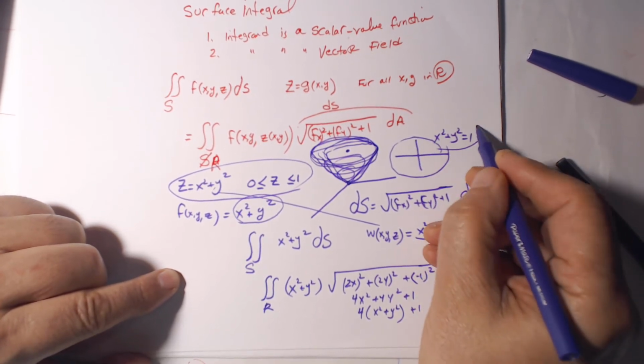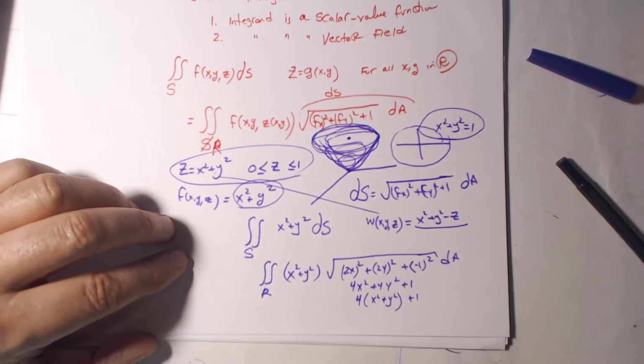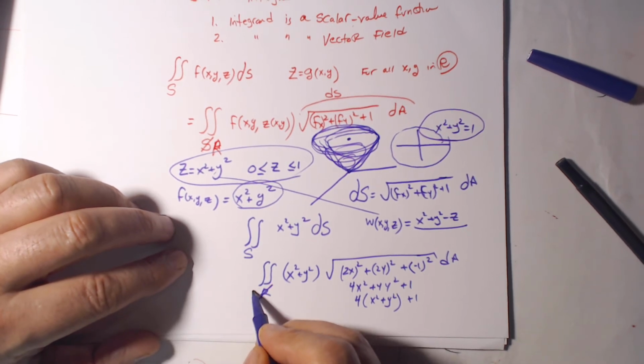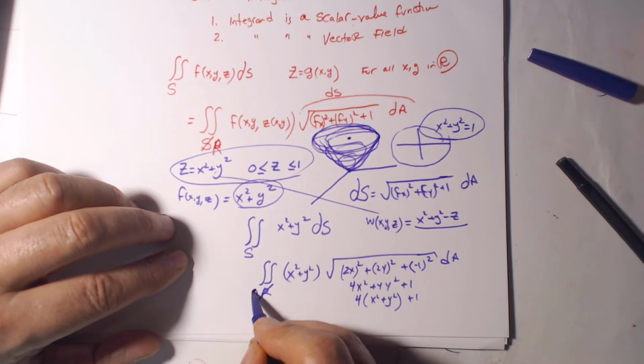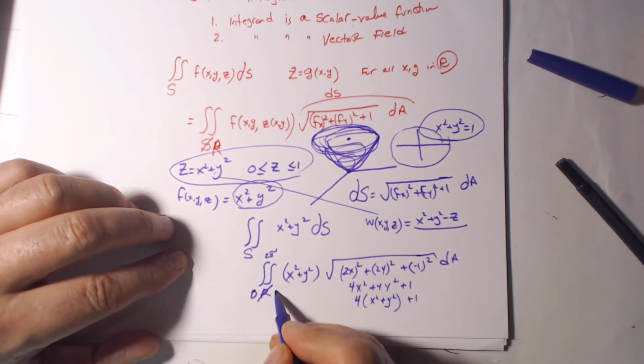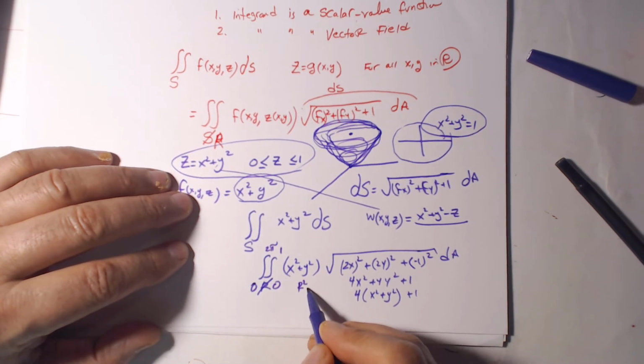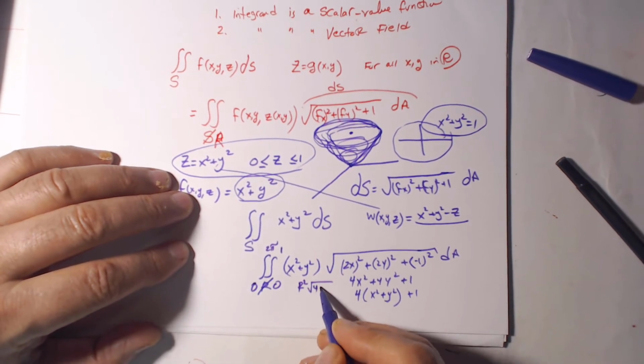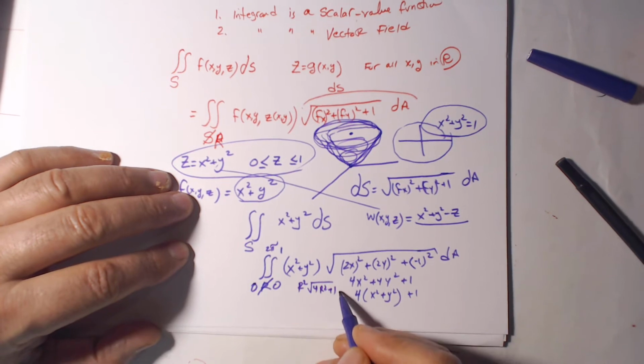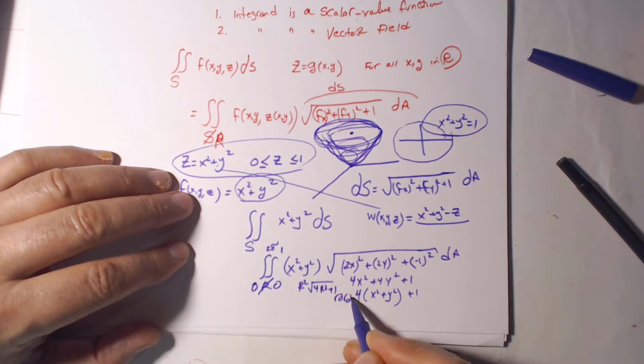Therefore, my region is a circular region, so I'm going to use polar coordinates with theta from 0 to 2 pi, radius 0 to 1, and this becomes r squared, and this becomes the square root of 4r squared plus 1, times r dr d theta.